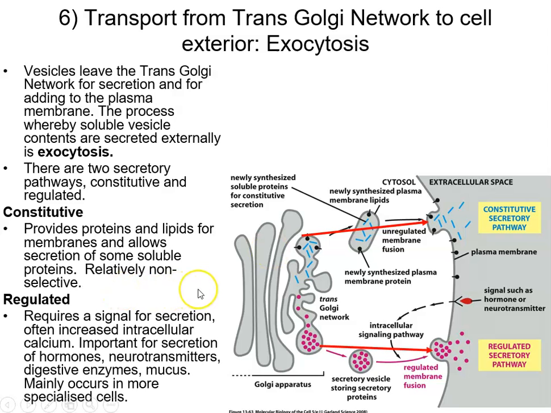In contrast, we've got the regulated secretory system, and this is a specialist secretion system for things like hormones, neurotransmitters, digestive enzymes, that type of thing. This can be incredibly quick. So if you think about neurotransmitters, this could be a synapse, you've got a signal binding to a receptor and then immediately causes the release of something from a vesicle that is stored just below the plasma membrane.